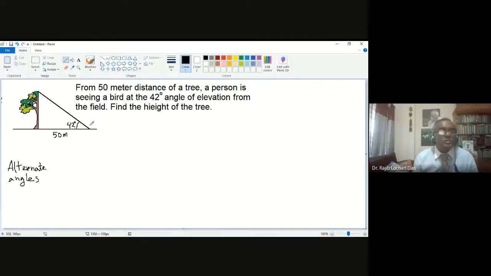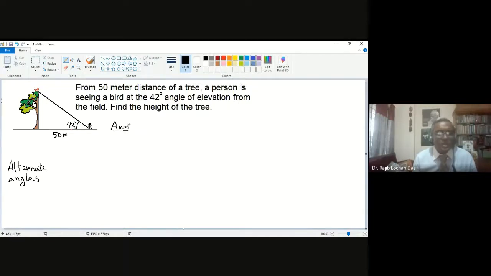So the person is actually here. The person is seeing the bird here, and the angle is 42 degree, and you will find out the height of the tree. So the problem is very simple.